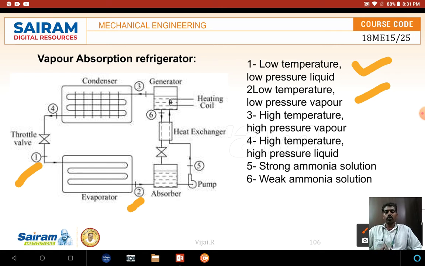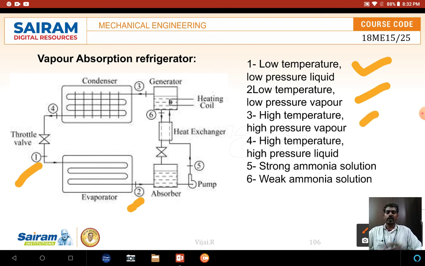This low pressure, low temperature vapor goes to the absorber, and we can see how the other parts function. The third point: after the vapor passes through the absorber, generator, and heat exchanger, the final output is a high pressure, high temperature vapor.